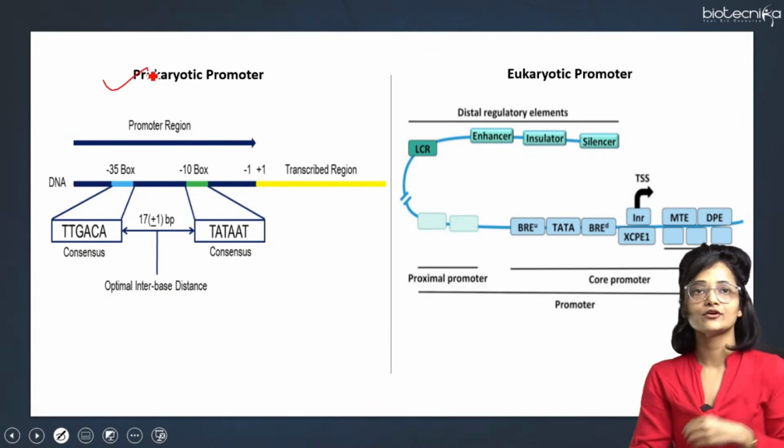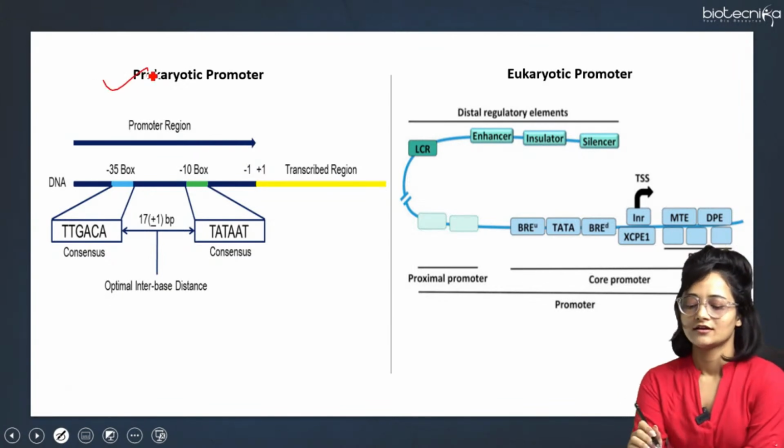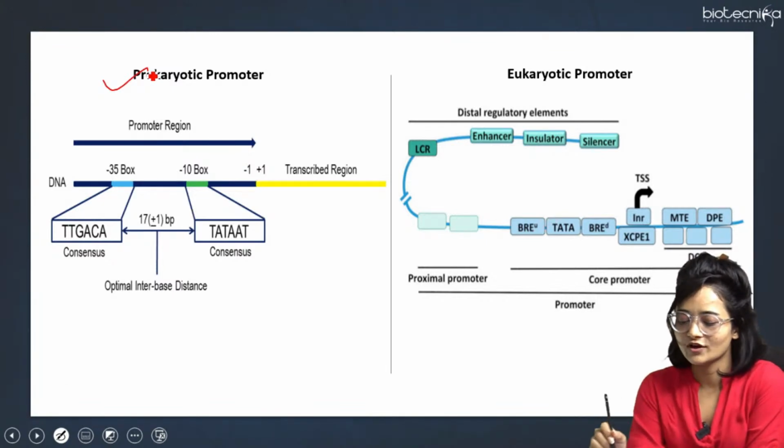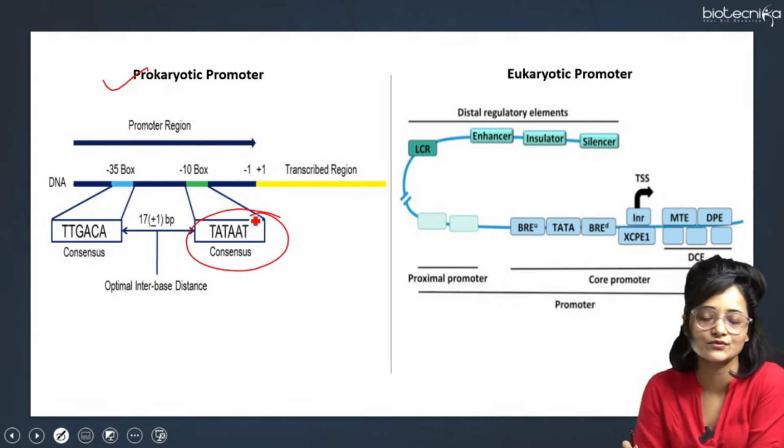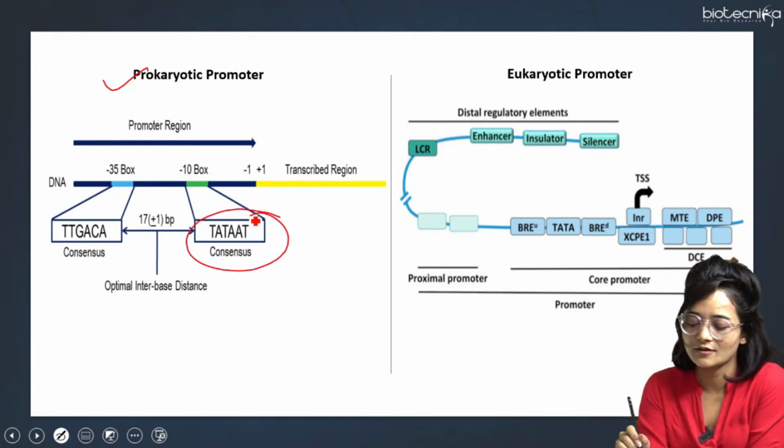So for the prokaryotic promoter, the promoter region basically consists of the TATAAT sequence, this is the consensus sequence which is present at minus 10 upstream of the transcription start site. So this is the transcription start site.